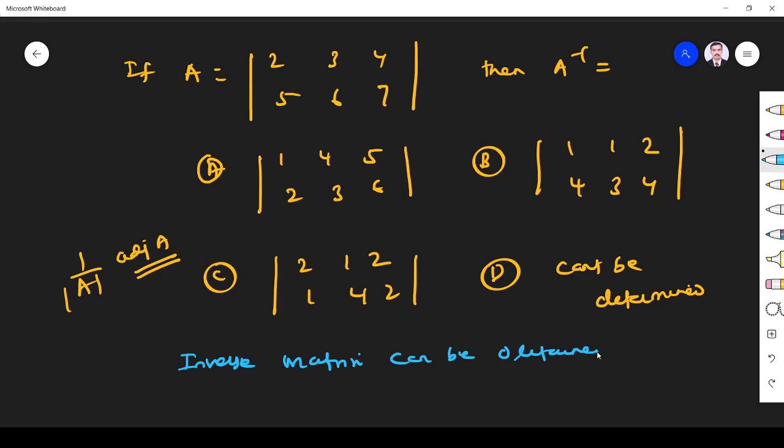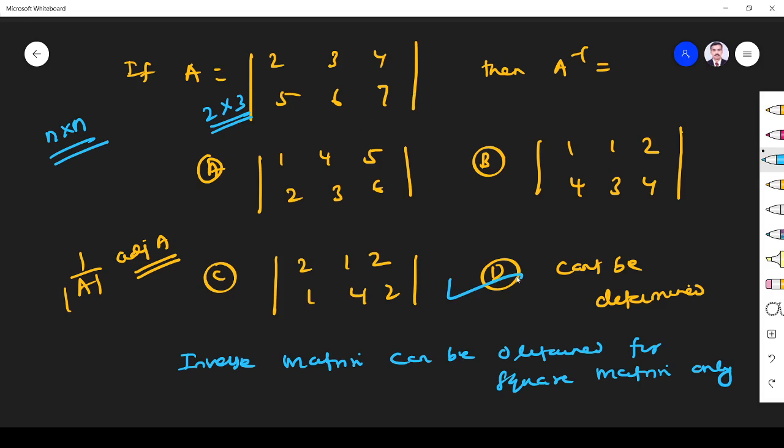So we cannot find an inverse matrix for a non-square matrix. You see, this is not a square matrix. A square matrix means it should be n cross n, row and column should be the same. Here the row is 2, the column is 3, so it is not an n by n matrix, it is an m by n matrix. So surely for this matrix we cannot find the inverse. So the option is option C.